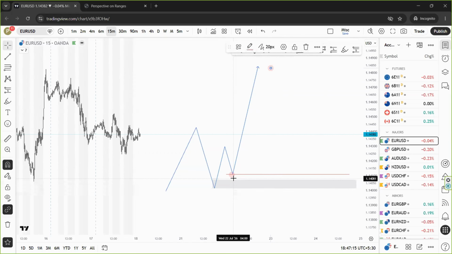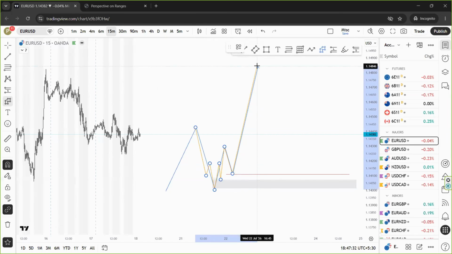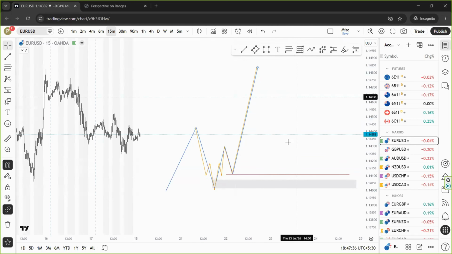And ranges needn't be classified by size alone, because assume something like this. You have something like this. Okay. Now, if you assign degrees to these ranges, we are probably going to understand that this and this are going to be the same degree of range, but only this is visible on a given time frame.